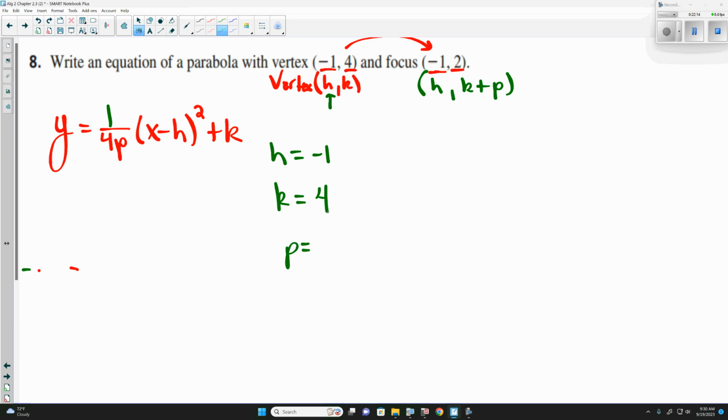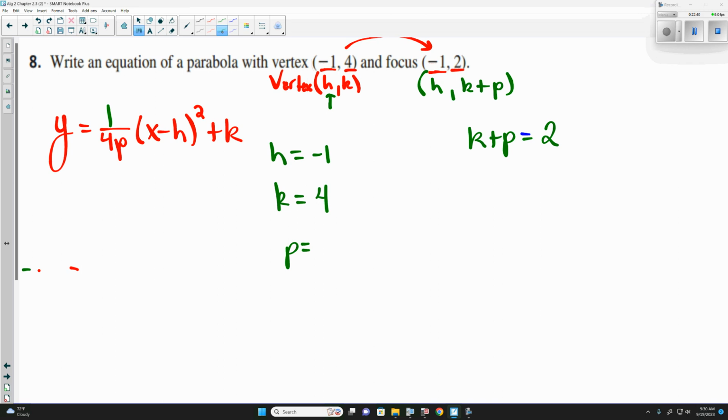Well, the h value in the focus is still negative 1. It still agrees with that, yes? But it's also telling us that k plus p is 2. So again, to find the third piece of information, we need to know the value of p.